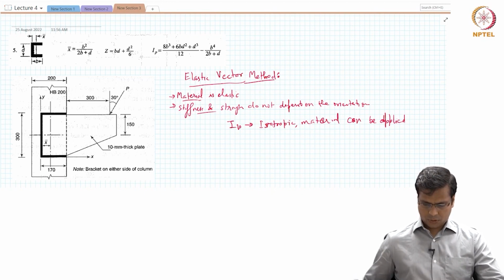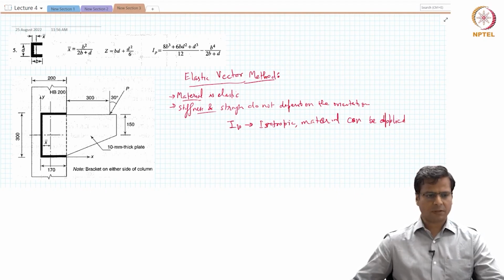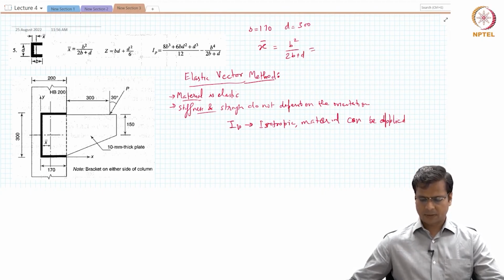Okay. So first thing that we will do is that we will calculate the value of x bar, which is given by b square divided by 2b plus d. We know that b is equal to 170 and d is equal to 300. Now we substitute these values, and what we get is this value turns out to be 45.15 millimeters. And also we can calculate the IP value.